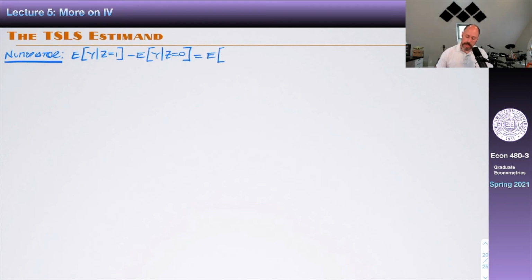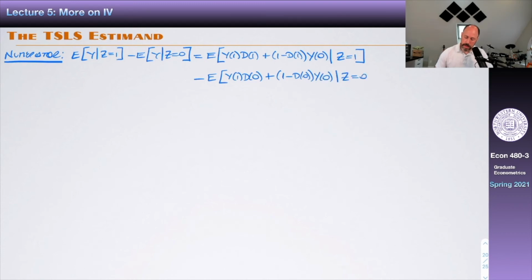This we can write by replacing y as y1 times d1 plus 1 minus d1 y0 conditional on z equal to 1, minus expected value of y1 d0 plus 1 minus d0 y0 conditional on z equal to 0.